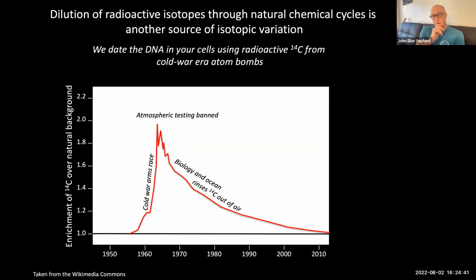Here's another example where radioactive decay is part of the problem, but it isn't really directly how we're doing dating. This is a plot that shows on the vertical axis the abundance of carbon-14 in atmospheric CO2, which is quickly inherited by organic matter in the Earth's biosphere through photosynthetic carbon fixation, and then animals eat all the different plants and things.